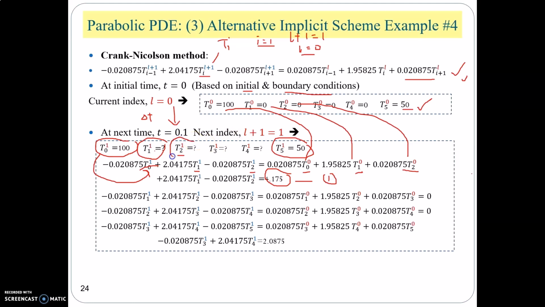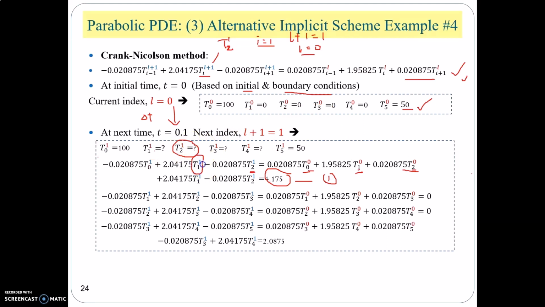Then we continue to solve the T21. In simple, just replace the previous equation here, T11 to be T21. And then you replace the 0 here, become 1, 1 here become 3. On your right hand side, replace 0 to be 1, 1 to be 2, 2 to be 3.